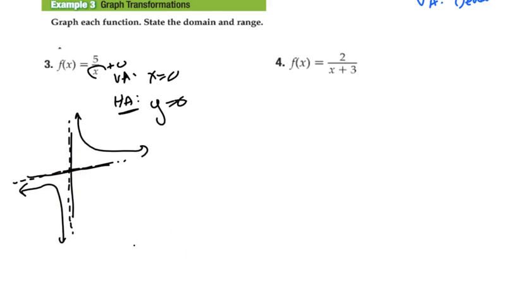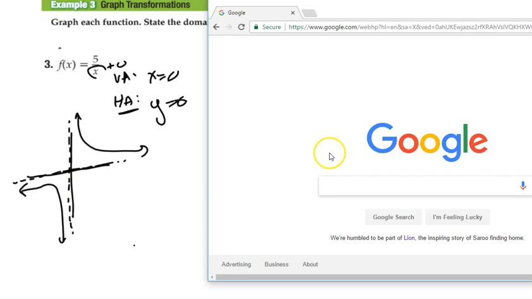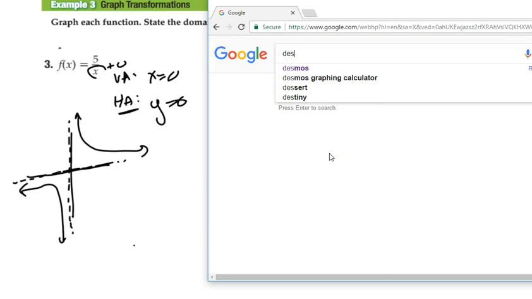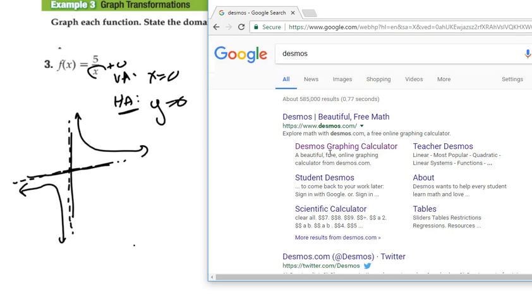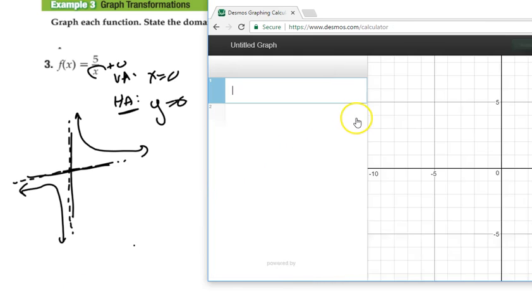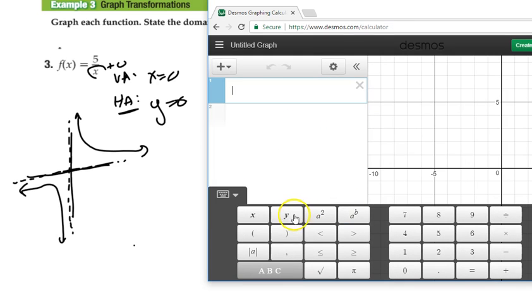Actually, let's look at Desmos. Let's go to Google and open the Desmos calculator. This will show you. Let's type y equals 5 over x. There you go.